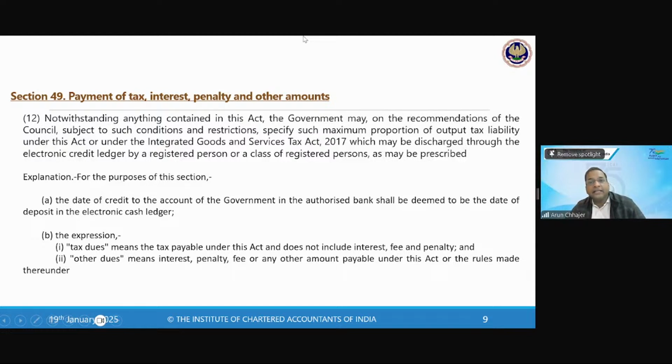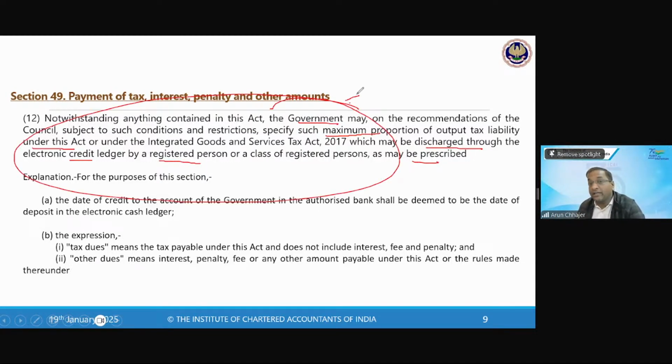Notwithstanding anything contained, the government on the recommendation, subject to conditions and restrictions, may prescribe the maximum proportion of output tax liability which may be discharged through the credit ledger by the registered person. क्या मतलब हुआ?